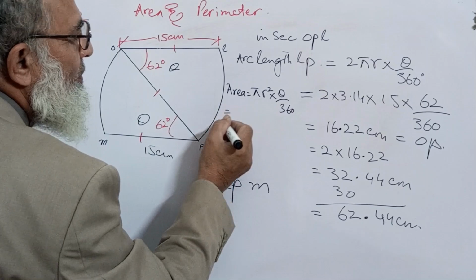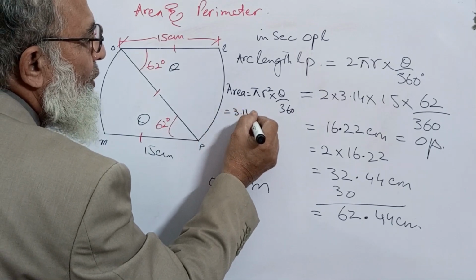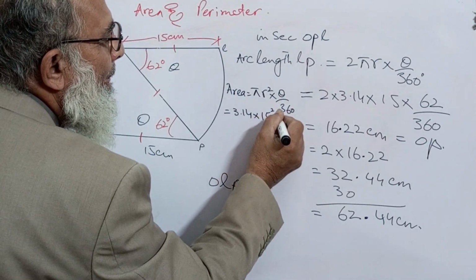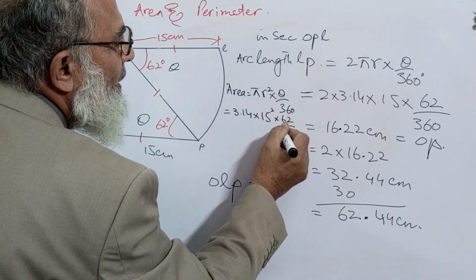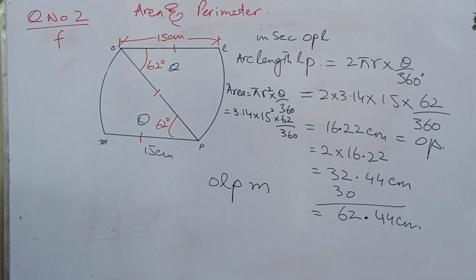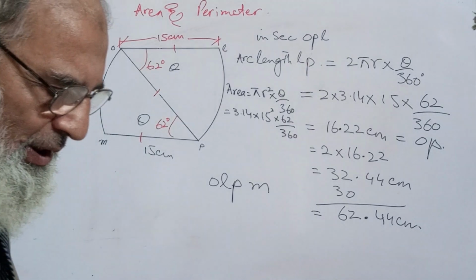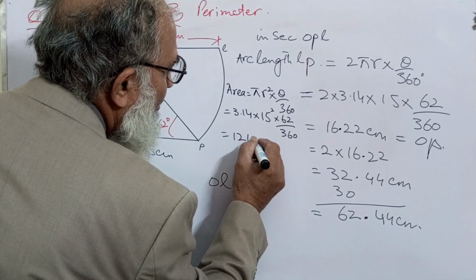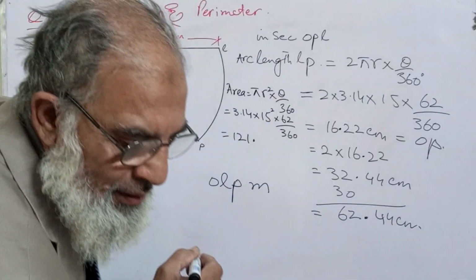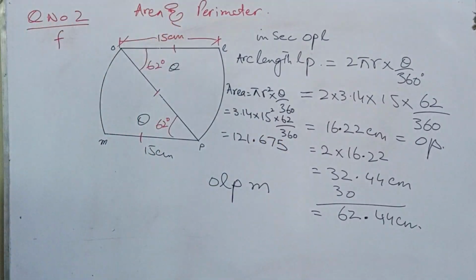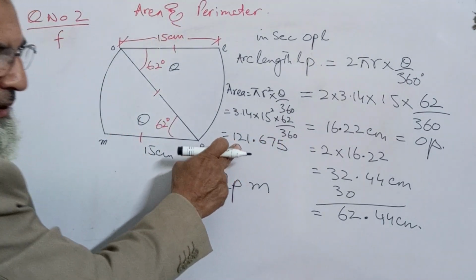So it will become 3.14 multiplied by 15 square and 62 divided by 360. My dear students, is it okay with you? It is equal to 121.55. So this is the area of only one sector.